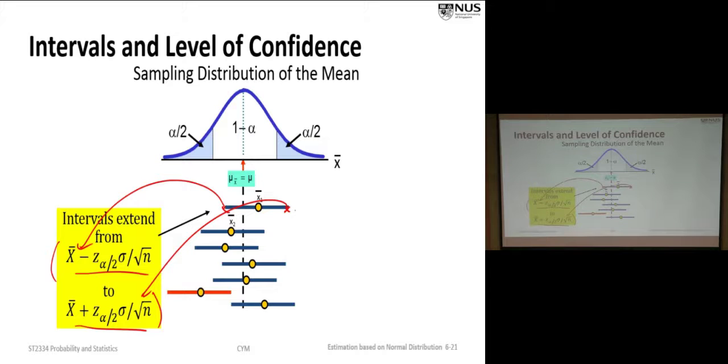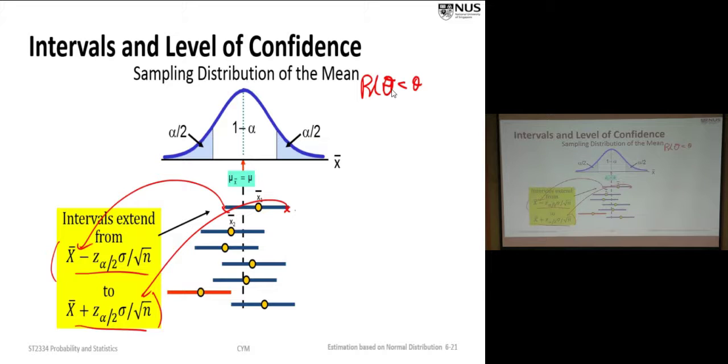This confidence level is obtained from the probability of the random interval. And that random interval is for you to compute the confidence interval. Once you have the sample, you substitute in and then you get the value of this interval. So there are two parts. For the random interval, it is the probability. It is this probability.